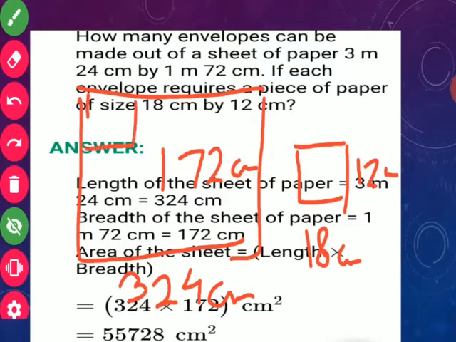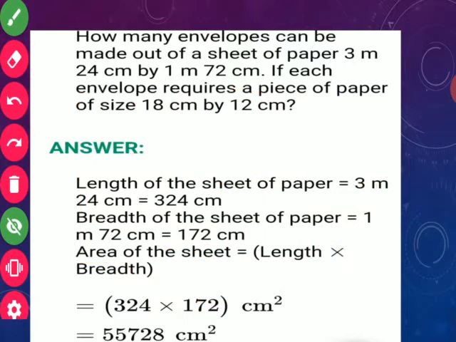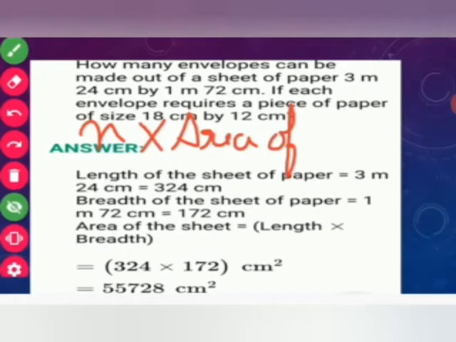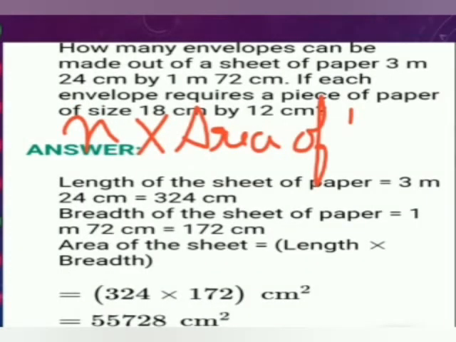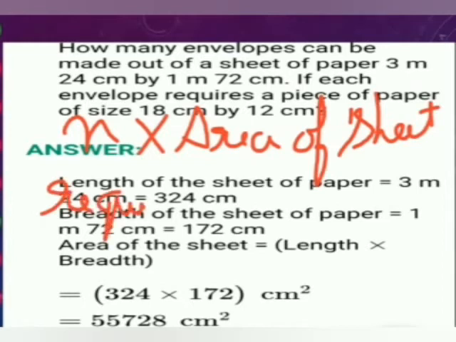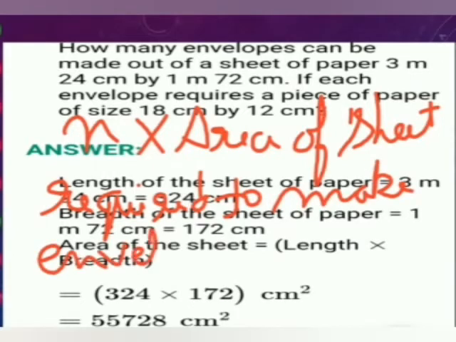So what we will do here, from this entire area of the sheet envelopes will be made. So let us consider that n number of envelopes are made, and the area of the sheet required to make one envelope, multiplied by n, will be equal to the total area of the sheet.